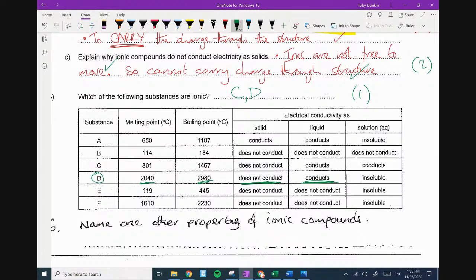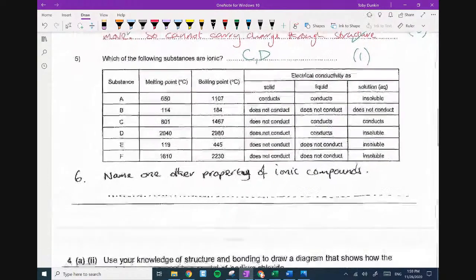D is. The fact that it is insoluble, fine. Some salts are not soluble. Some are, some aren't. But it conducts. The only test is that one. Yeah, so you realize that the others aren't going to be either. The only one that matters is that test there. Does it conduct when liquid? If it does, apart from the metal one, because if it conducts when solid, it then rules it out, doesn't it? Anyway, C and D.